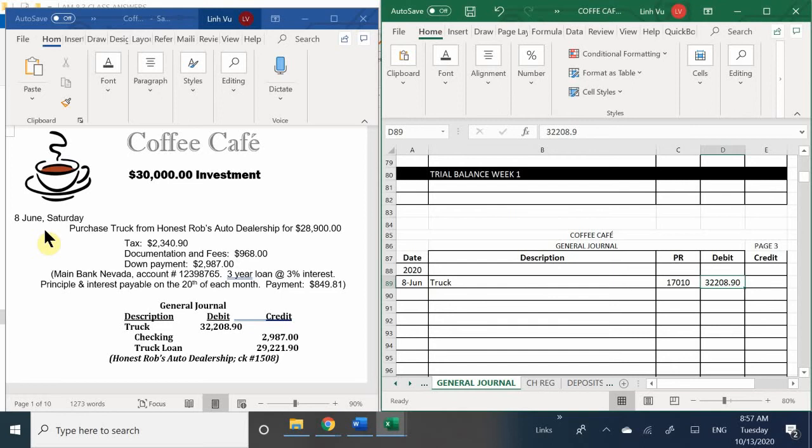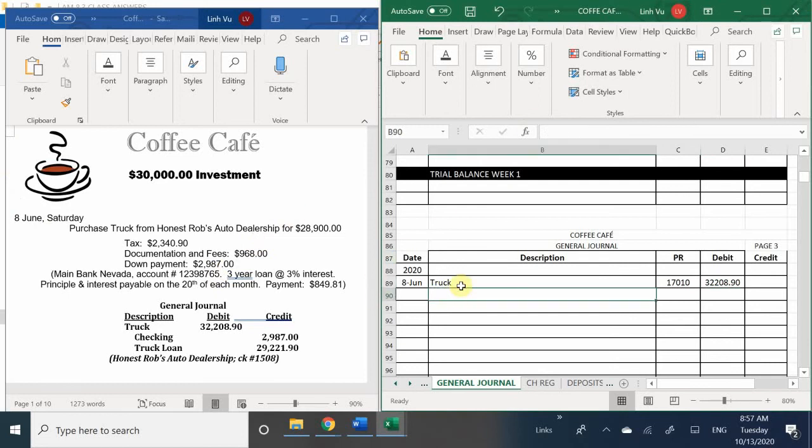Okay? And usually you need a down payment in order to get a car, because if you don't have a down payment, what they're going to do is require you to pay the tax before you can drive it off. But in this case, I made a down payment, okay, of $2,987.